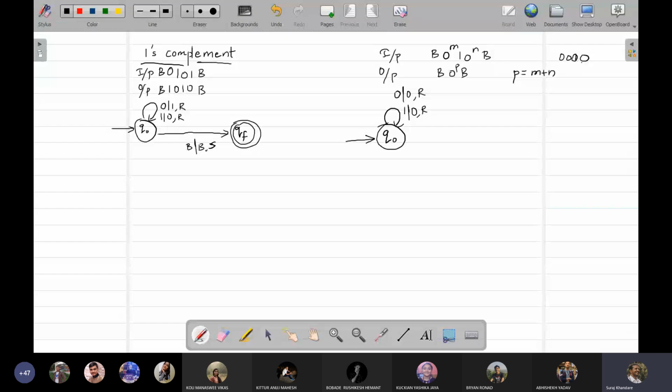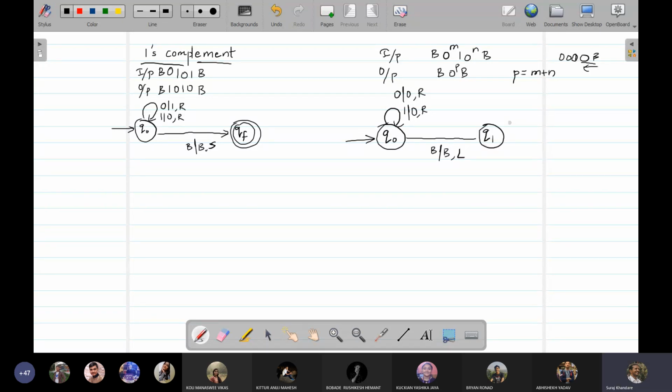So what do we do? We'll go till the end, till the blank. We'll start coming back from there and the first 0 will be there, that will convert into blank. So 0 is kept as 0, 1 is converted to 0, and then we keep moving to the right. When we reach the blank on the right hand side, we keep blank as it is and start moving to the left now.